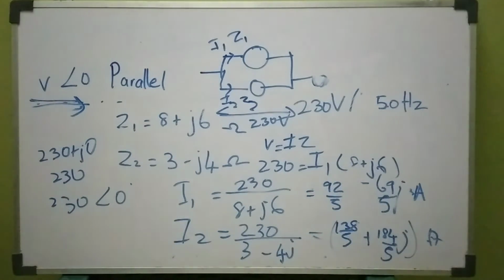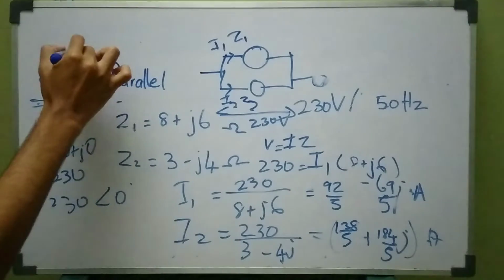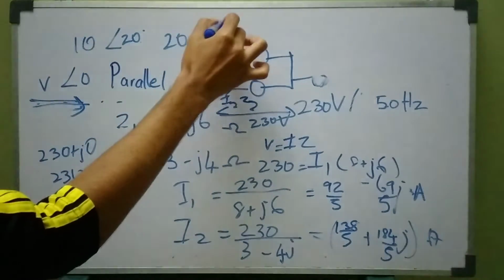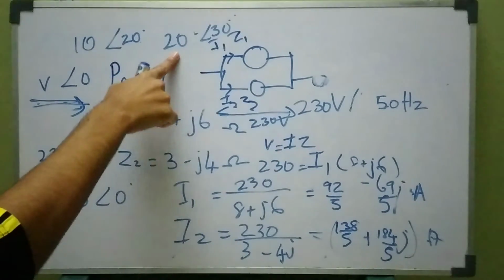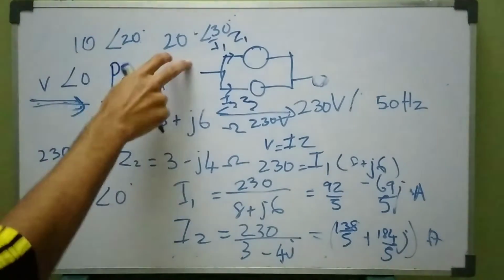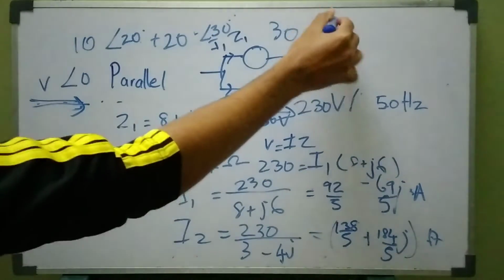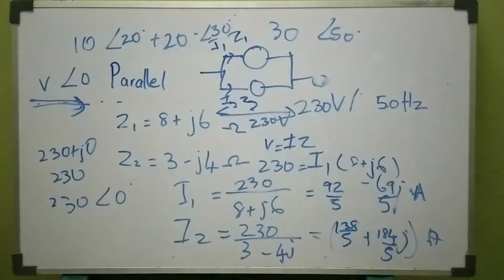But when you are using the polar form, you can't directly add like that. For instance, if I take 10 at 20 phase and 20 ampere in the 30 phase, you can't directly add 10 plus 20 equals 30 and 20 plus 30 equals 50. That's the biggest problem.